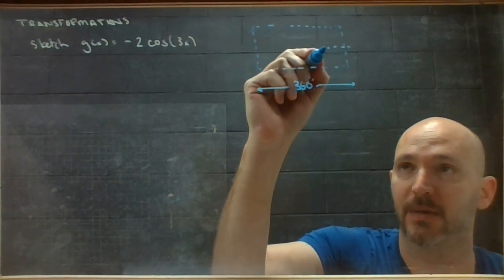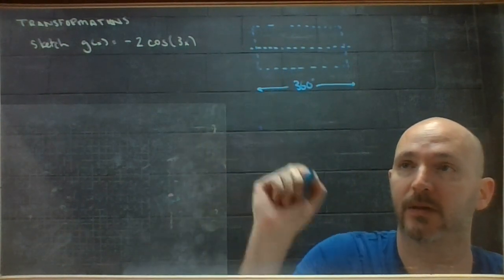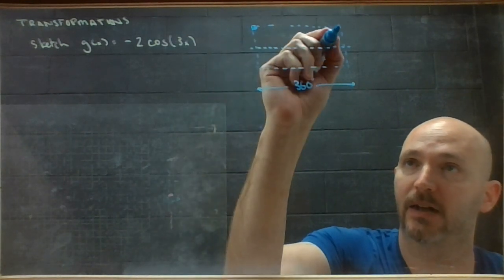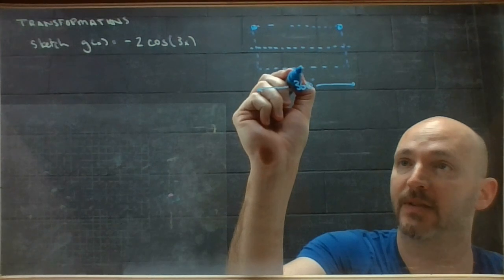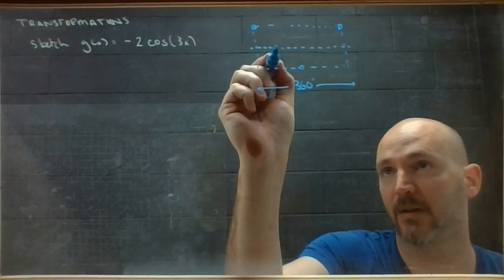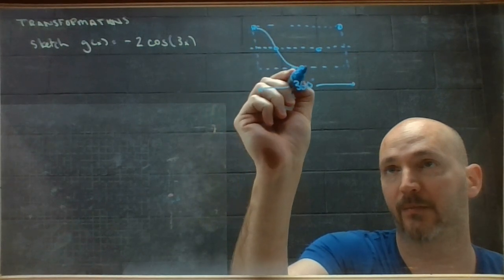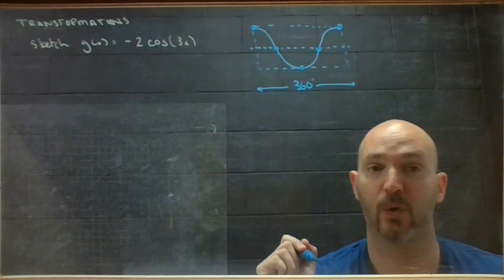That rectangle has a midline in it. And the cosine pattern is start high, end high, trough dead center, and then zero out halfway between those, like so. More or less.